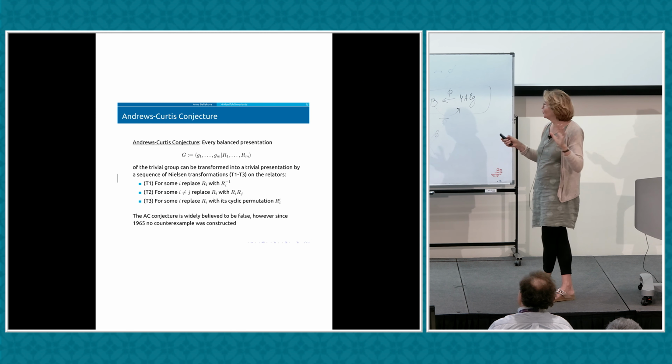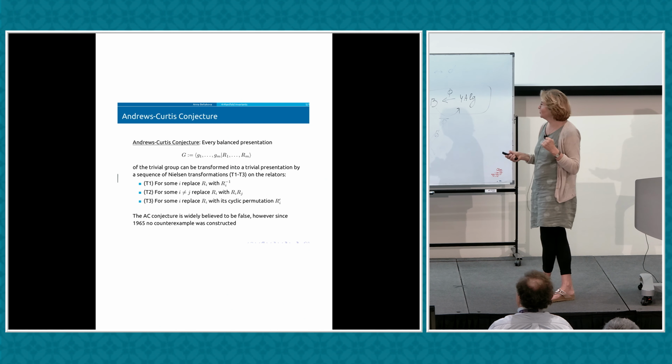And just to finish, this is related to the Andrews-Curtis conjecture, which Sergei already mentioned. It is about balanced presentations of the trivial group. Balanced means I have as many relations as generators.